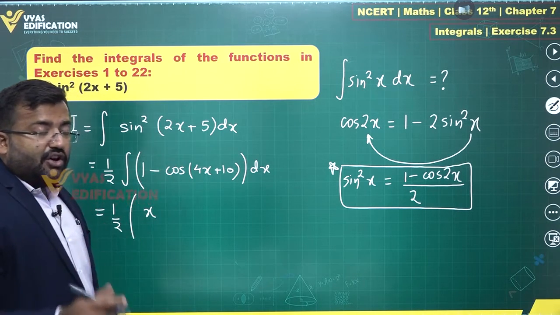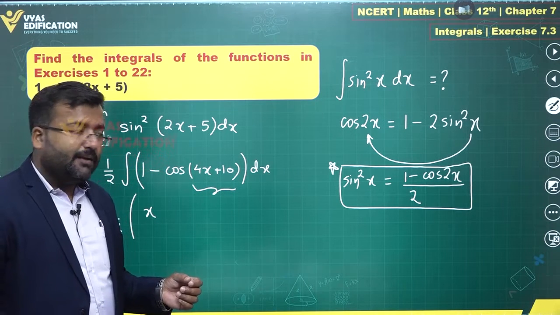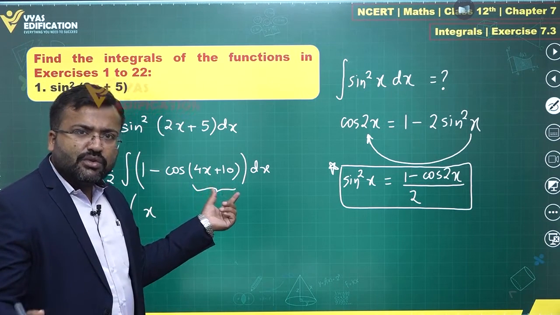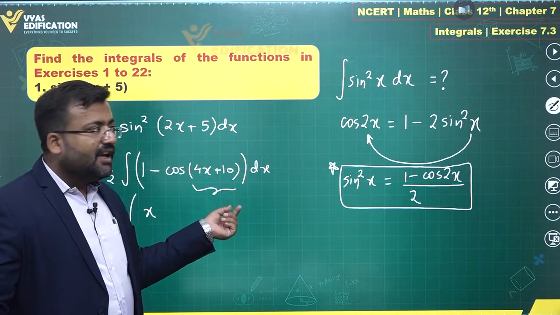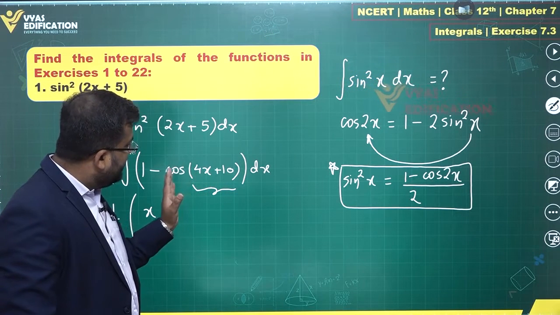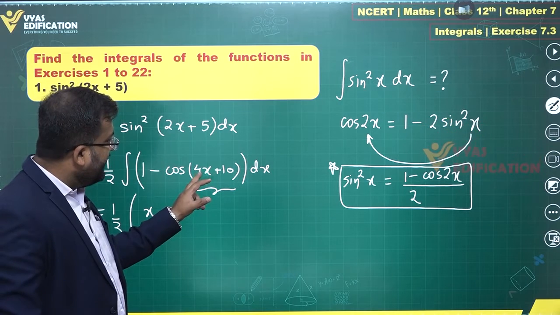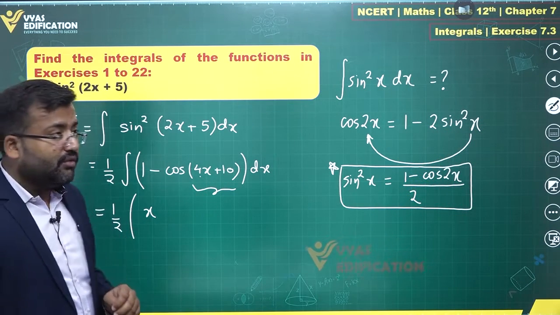Cos of something, if that function is a linear function, we can integrate that very easily, right? This 4x plus 10 can be substituted as t, and you can replace 4 times dx with dt. Or in other words, you can directly take this as a linear function of x and integrate without worrying about anything. In the end, you just divide by 4. Divide this particular term by 4, not the whole term.